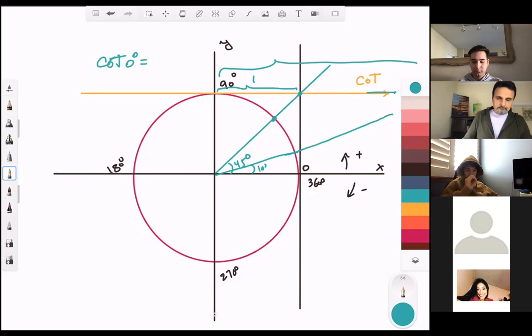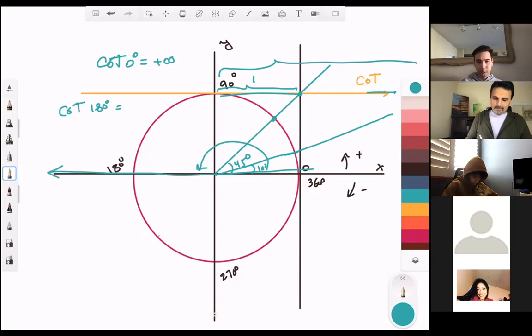Positive infinity. Very good, positive infinity. So it will be parallel to this line. What is cotangent of 180 degrees? 180 is like this. If you let the line go, it goes this direction, and it will be negative infinity.